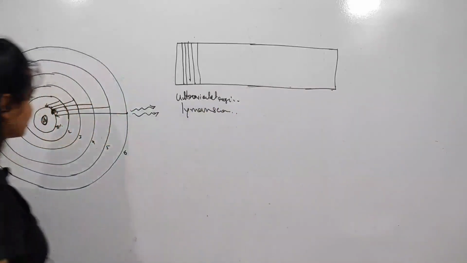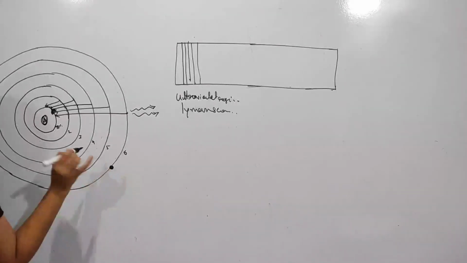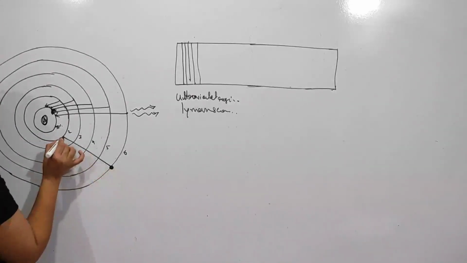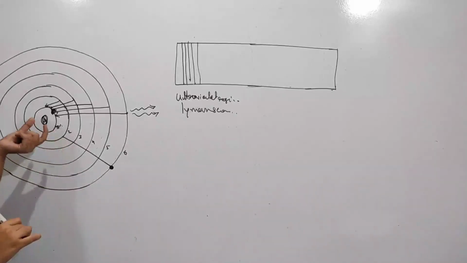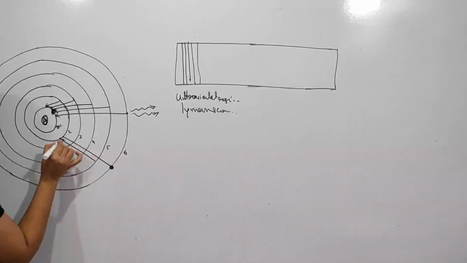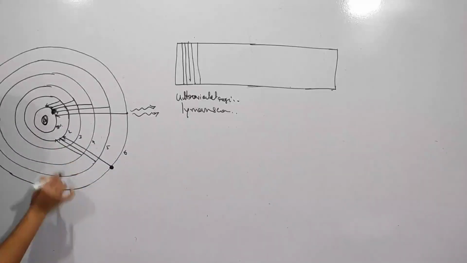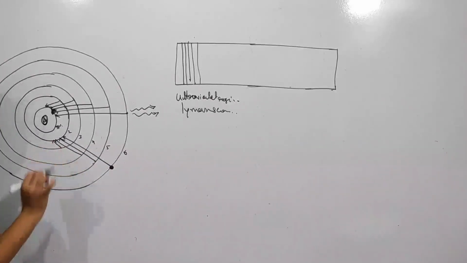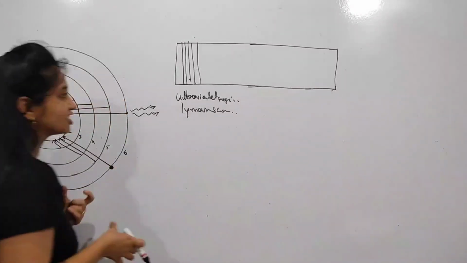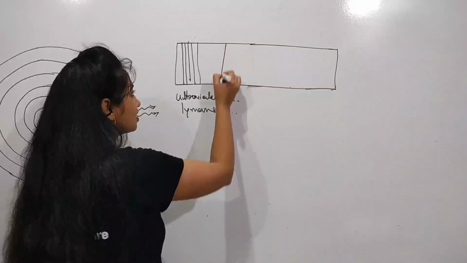Like this, if the electron comes to its second shell, its second energy level, from the fifth position to the second, from the fourth position to the second, from the third position to the second, then again we have one set, a series of lines.